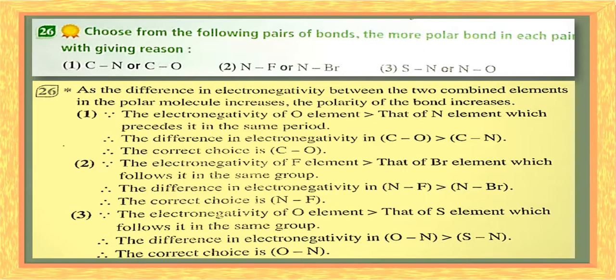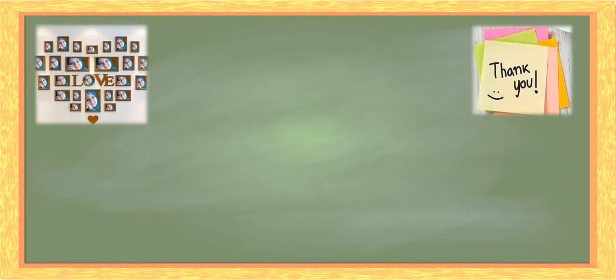Number 3, S and N, and O and N. Oxygen has higher electronegativity than sulfur. So when we make the bond, NO has a higher electronegativity difference than SN. So the right choice will be NO, or ON, as we write in our compound.